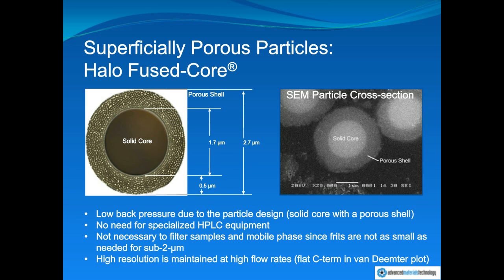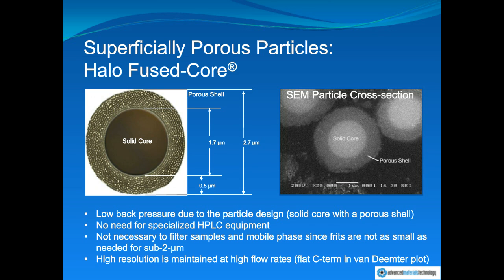You have a shorter diffusion path. Diffusion limitations are one of the major degrading contributors for column efficiency. Because you have a short diffusion path, you can generate very high efficiency separations whilst not requiring the use of very small diameter packed particle beds.